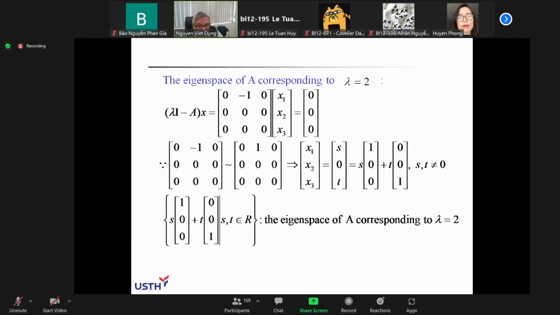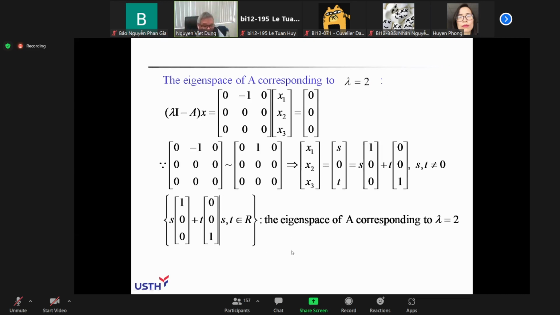When s equals t equals 0, that is the zero vector, and we add the zero vector to the set of all eigenvectors to get the eigenspace of A corresponding to lambda equal 2. So it is here.